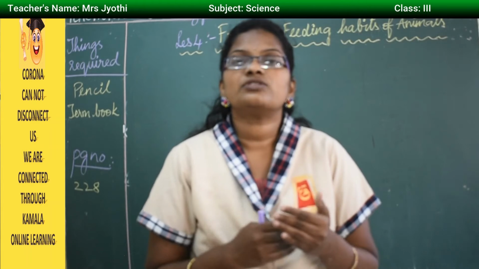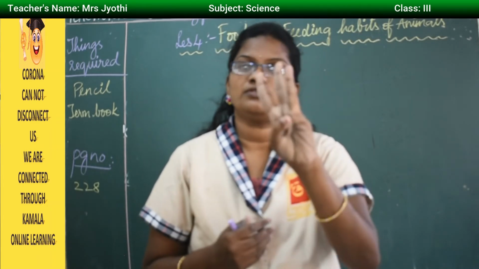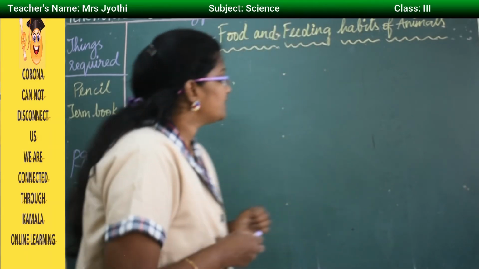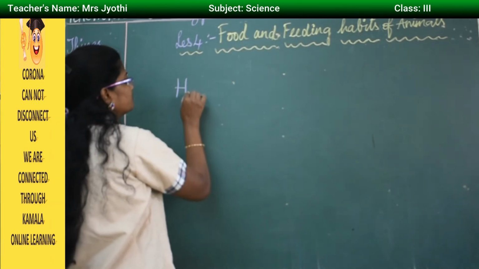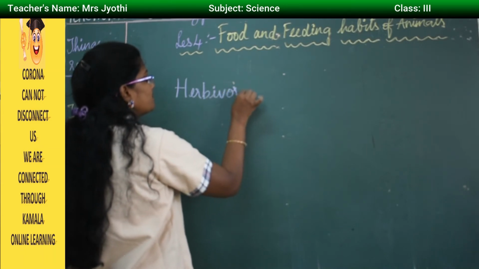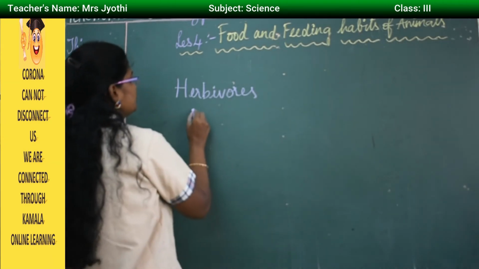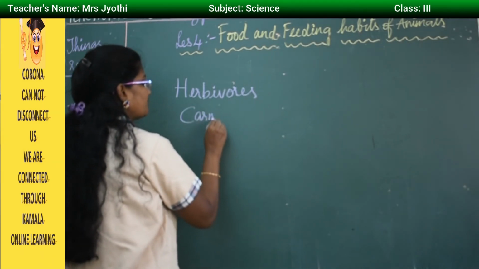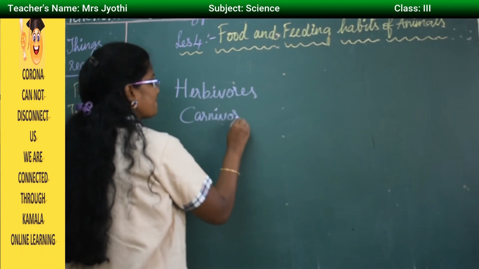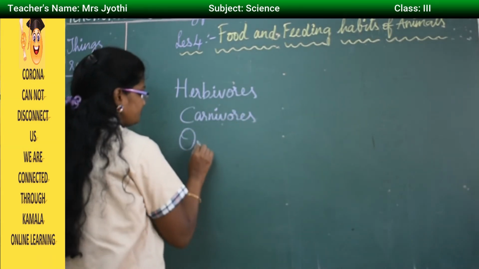So according to this we are going to classify the living things into three categories. That is herbivores. After herbivores, the second category is carnivores. And the last one is omnivores.